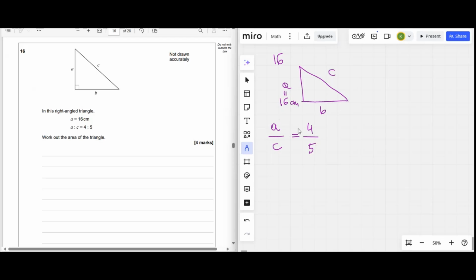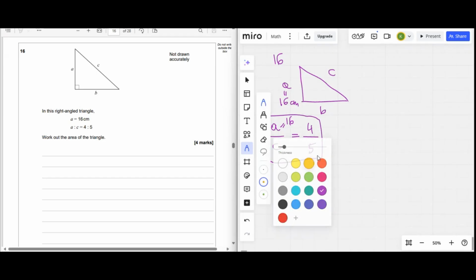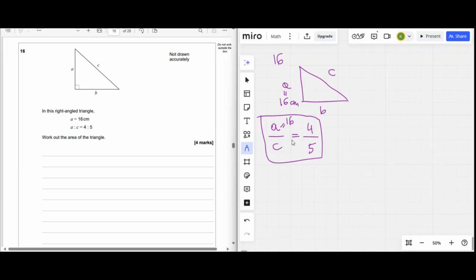I'm changing the ratio to a fraction because I can. And we know that A is 16. And this allows us to do the cross multiplication because those values are proportionate to each other.